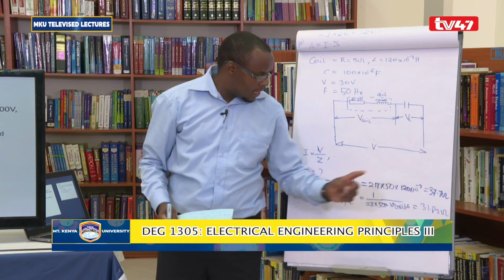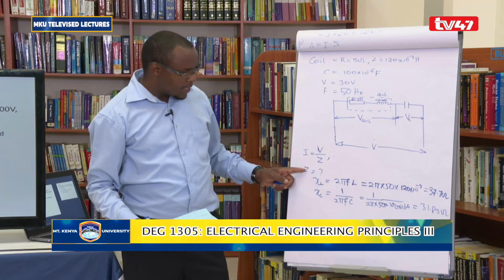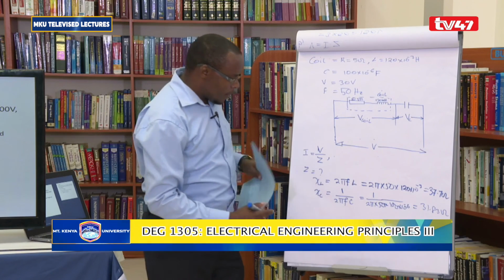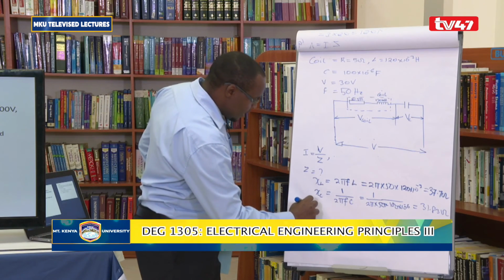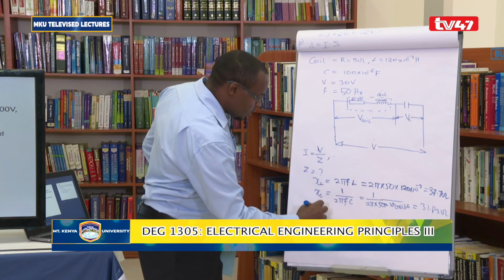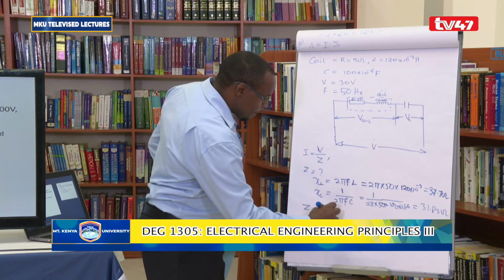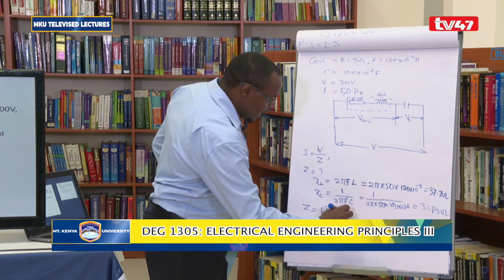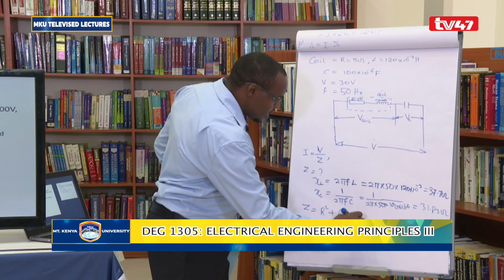Now, from here, we can tell which one is greater than the other. Of course, XL is greater than XC, and therefore, our impedance here is going to be given by the square root of R squared plus XL minus XC, squared.